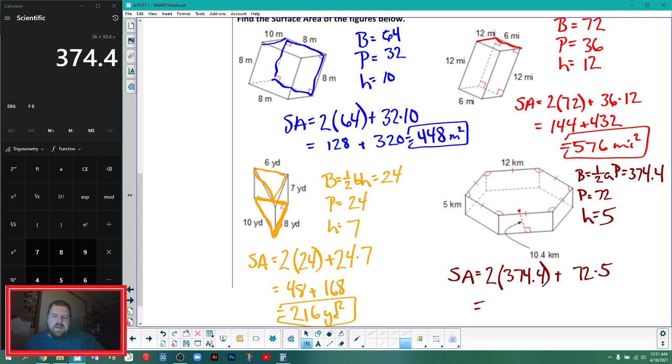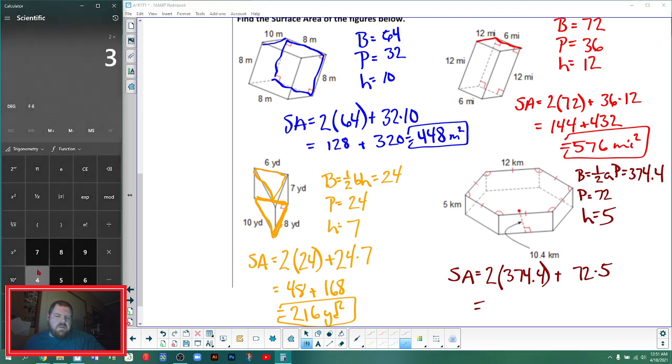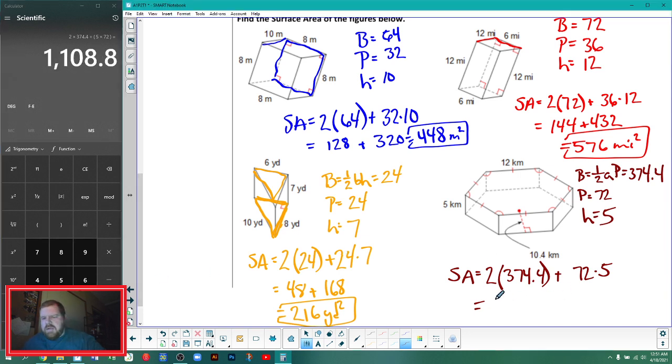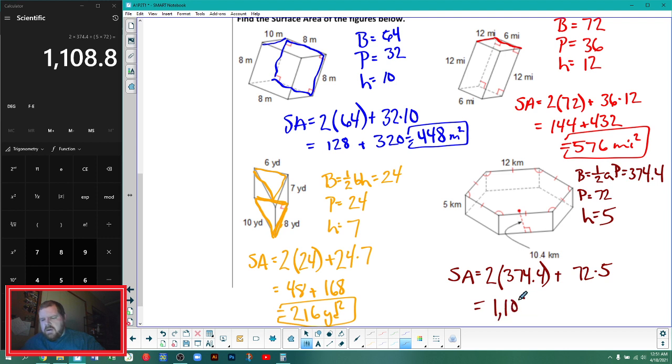We've got 2 times 374.4 plus, I'm going to throw some parentheses in there so I don't have to do multiple problems. That figures that part out, and that gives us a final answer of 1,108.8 square kilometers. That is a huge surface area. Okay, but a big surface area because of the size of the base.